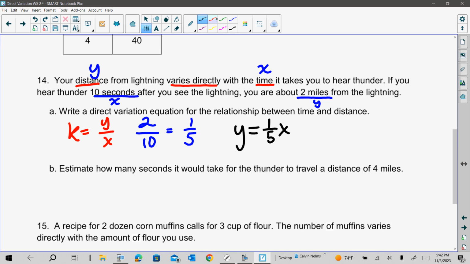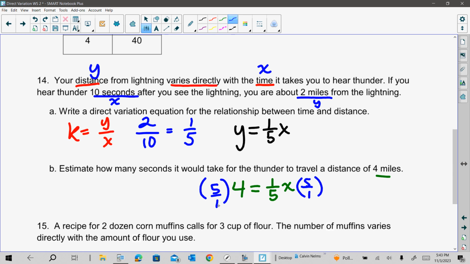So if I plug this in, this would be 4 equals 1/5 x, and we're solving for x. In order to do that, you would multiply by the reciprocal, 5 over 1, and that would get our x. So try to come up with an equation based on the ratio, based on the relationship, and then let's see if we can solve this.